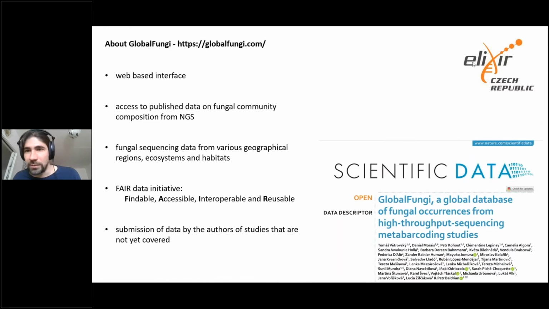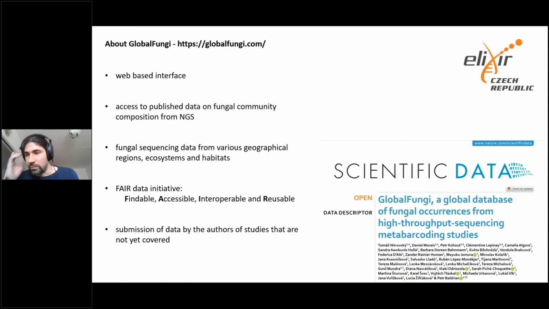I would like to mention that our project is hosted on this ELIXIR machine, so we are very thankful to ELIXIR that we got the resources for it. The last thing is that this project is very living, so the database is growing all the time.